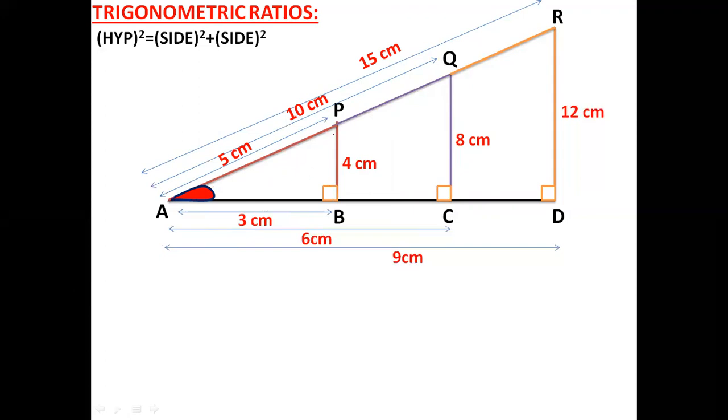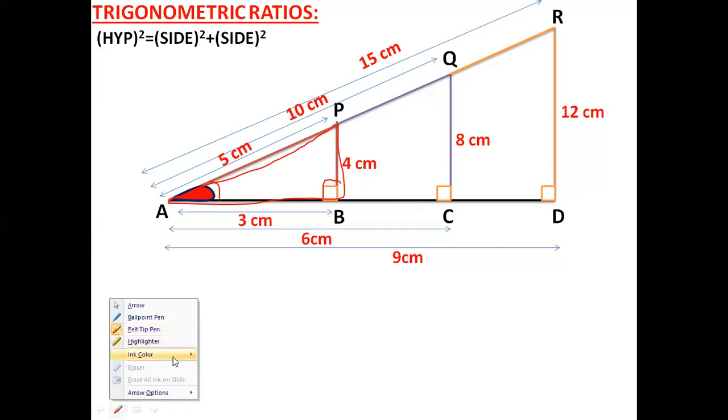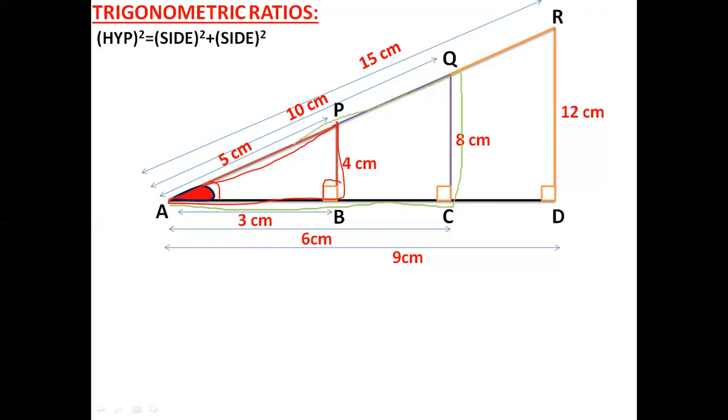Here in triangle ABP, one angle is 90 and angle A, and another right angle triangle is triangle ACQ. Here one angle is 90, and this is also the common angle, angle A.